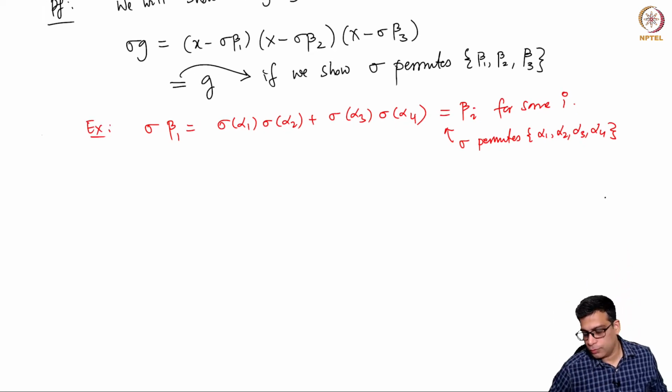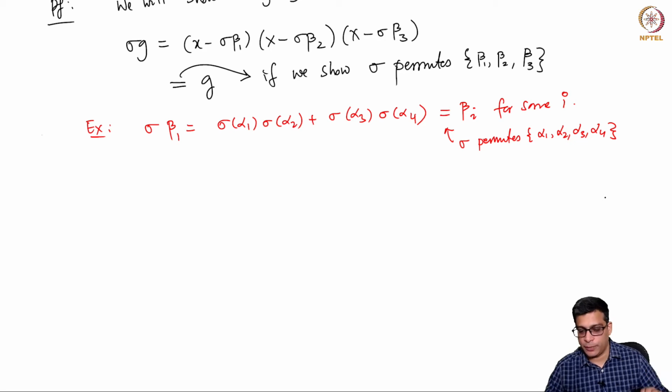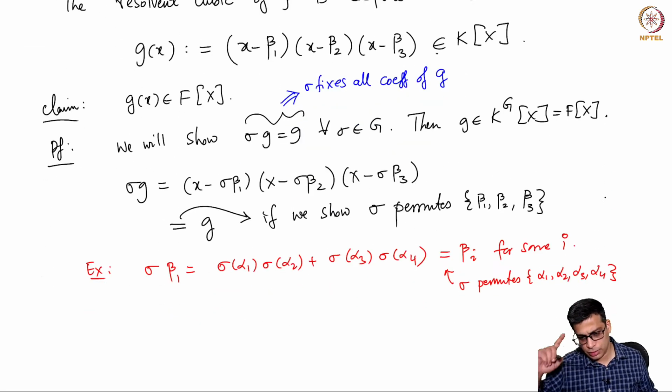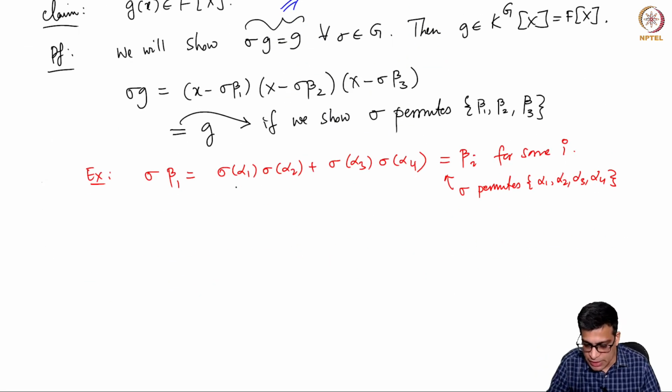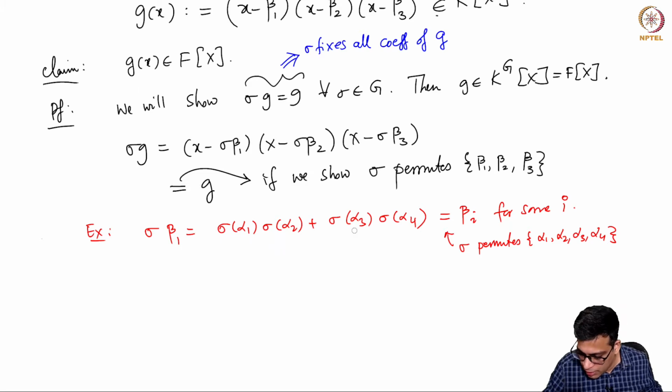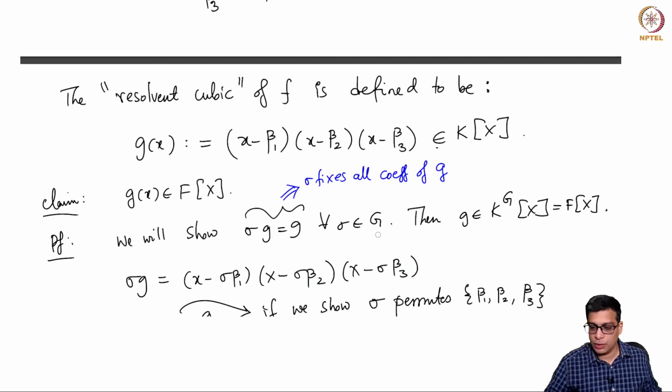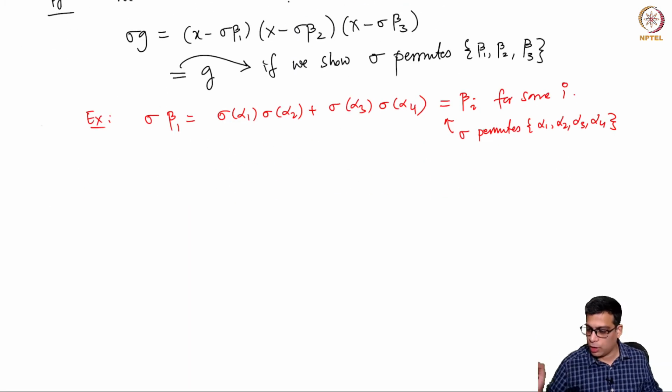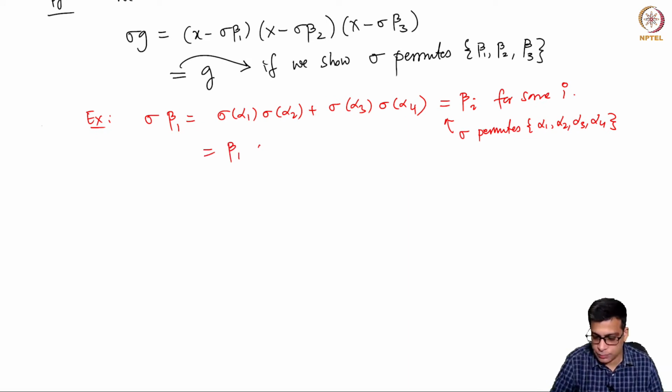So if you take any permutation of 4 elements and you take sigma of beta 1, this will be some alpha i and this will be some alpha j. These then will be the other 2 elements. Okay, so it will be beta 1 or beta 2 or beta 3.